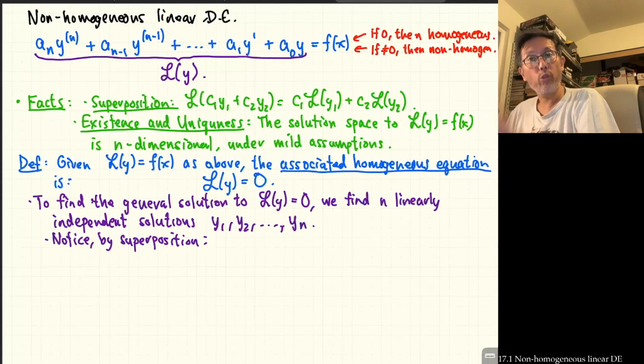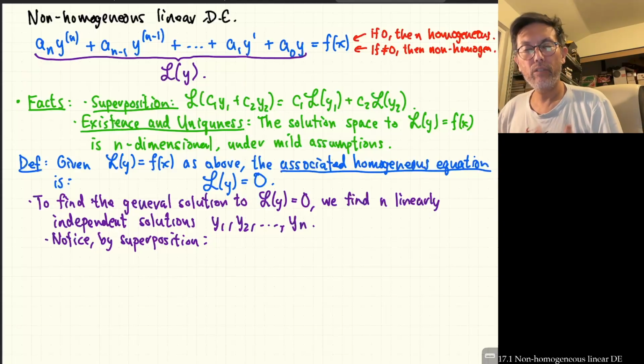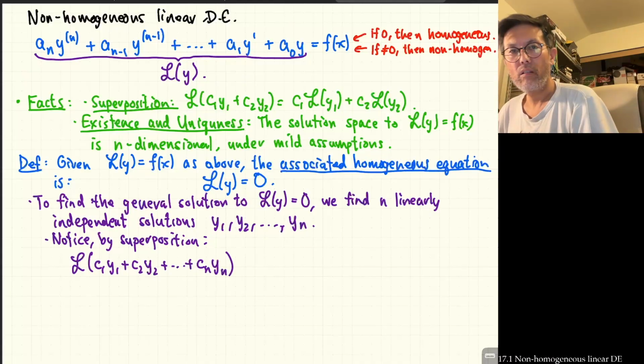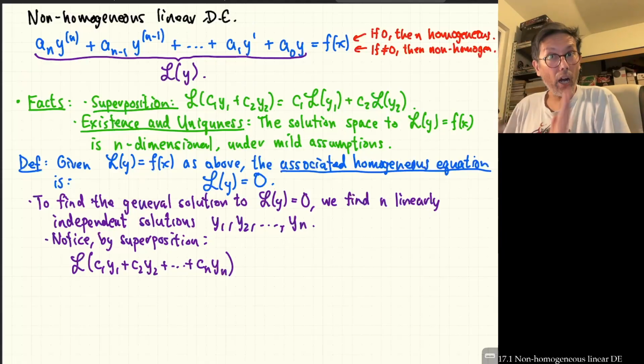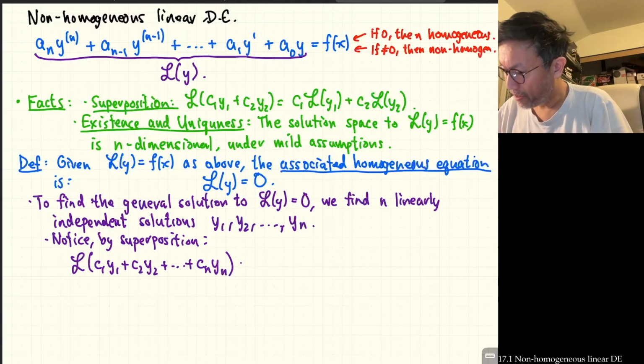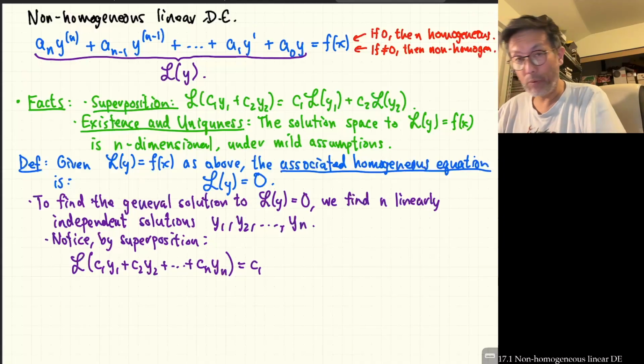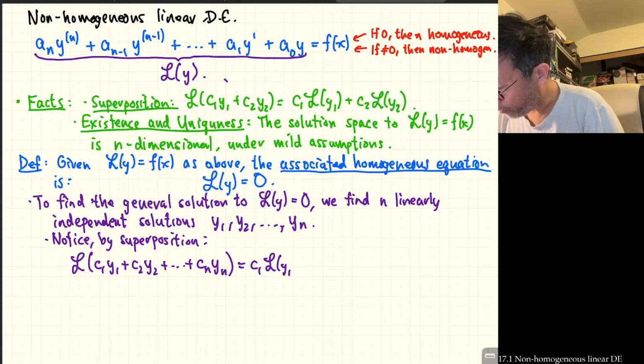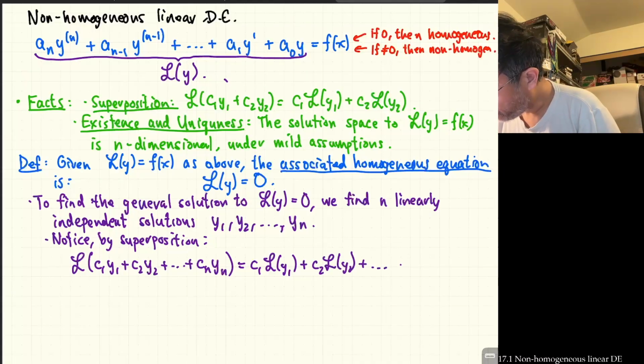If I take a superposition of these n solutions, so if I look at L of C1 y1 plus C2 y2 all the way up to Cn yn, where these C's are constants, then by the superposition principle this is equal to C1 L of y1 plus C2 L of y2 all the way up to Cn L of yn.